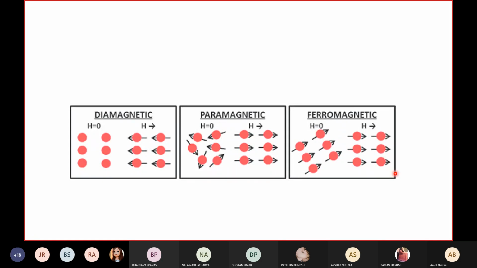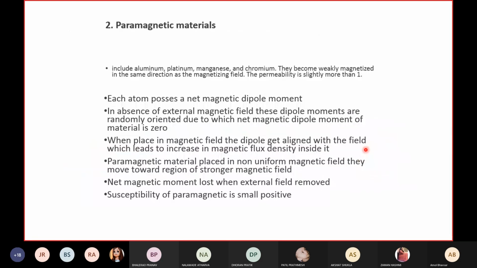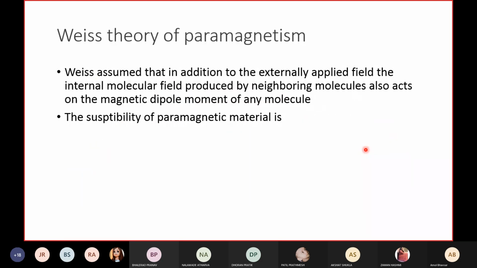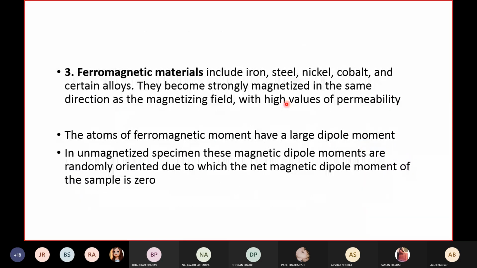When you apply an external magnetic field, their dipole moments are oriented along the direction of the external field. They become strongly magnetized in the same direction as the magnetic field, with a high value of permeability. The atoms of ferromagnetic material have a large dipole moment.